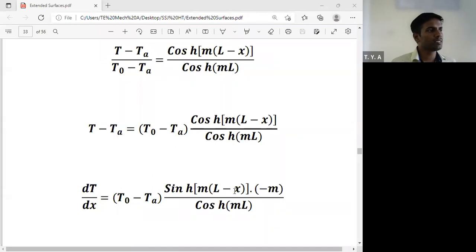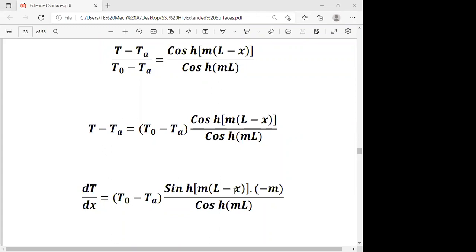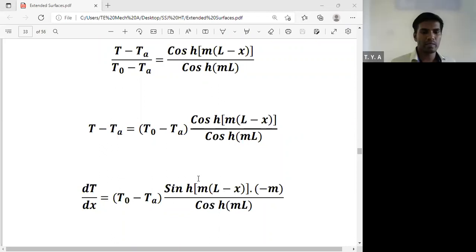What is the derivative of minus mx? Minus m. Therefore we multiply by the minus m. Do you all know this?